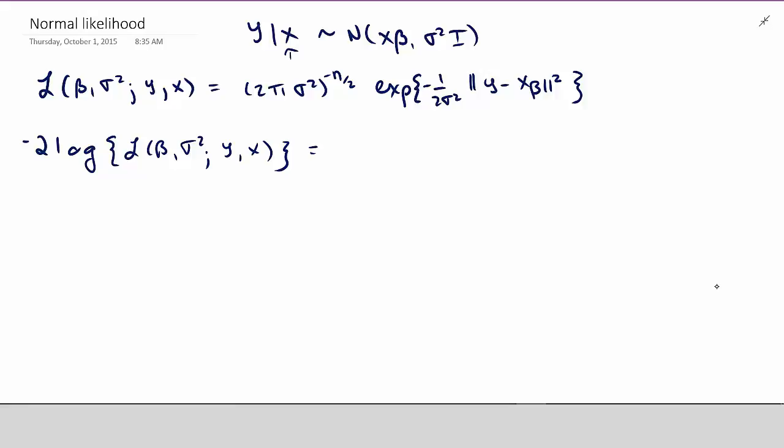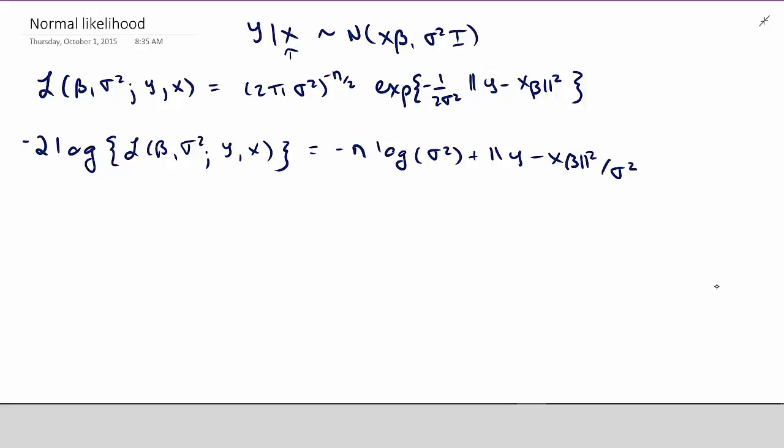And then I don't have to worry about any constants that don't depend on sigma or beta. So I'm going to get rid of the 2 pi part. Okay, so n log sigma squared, plus norm y minus x beta squared divided by sigma squared.